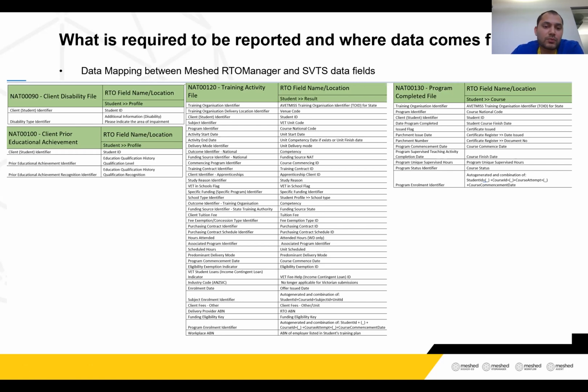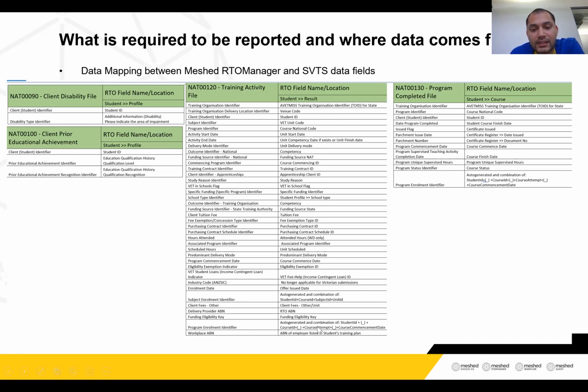Based on our experience, most users receive an error in NAT 120 because the data is not recorded correctly or as per the business rules of SVTS. In that case, you can go to the student results and update the data where you have received an error. Some of the information is pre-populated by the system.